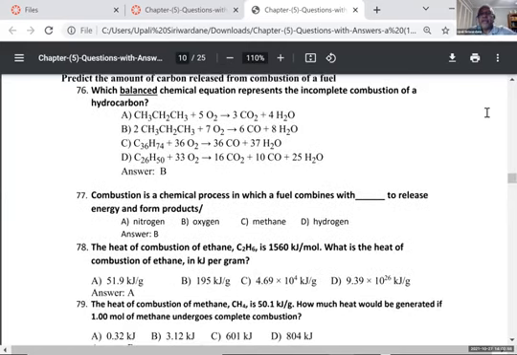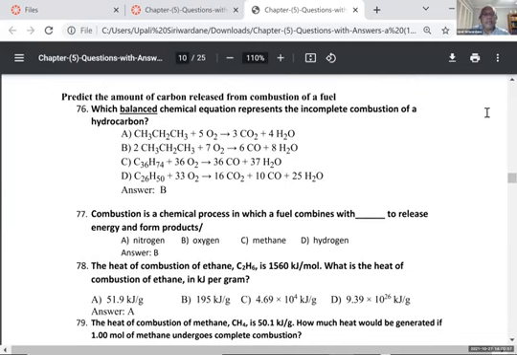So we wanted to look at balancing chemical equations of combustion reactions. If you look at 76, you have to count all the atoms on the reactant side and product side.